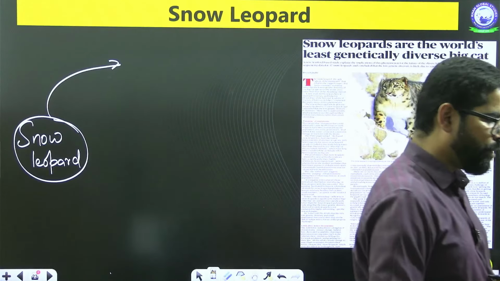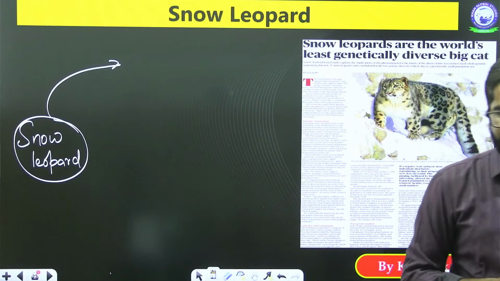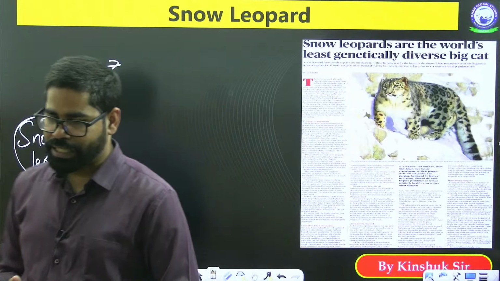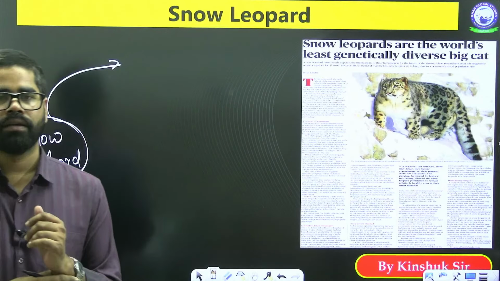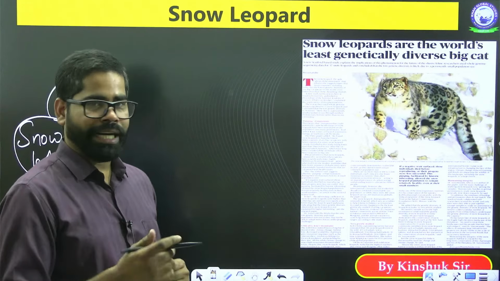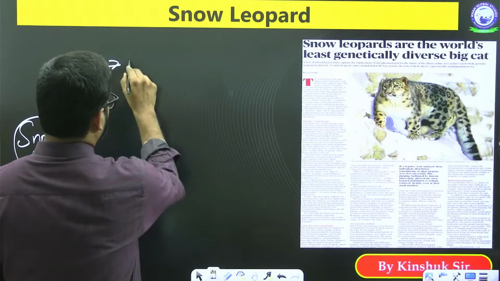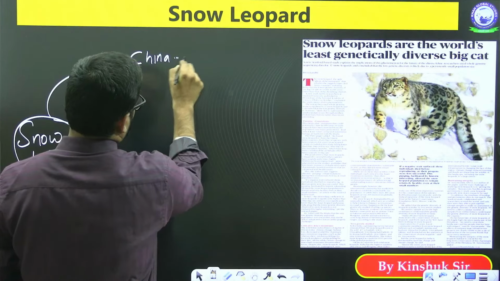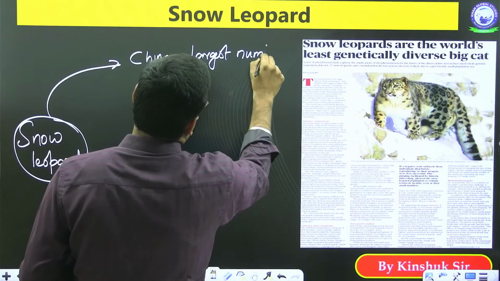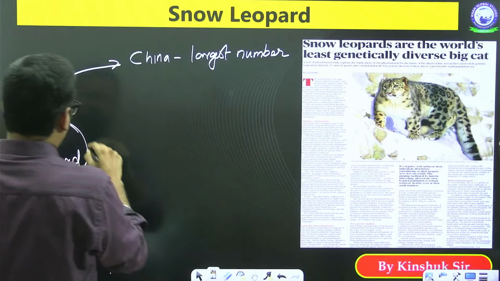It is generally found in India, Nepal, Bhutan, China, even Pakistan. So in all these areas there is presence of it. The country with the largest number is China.